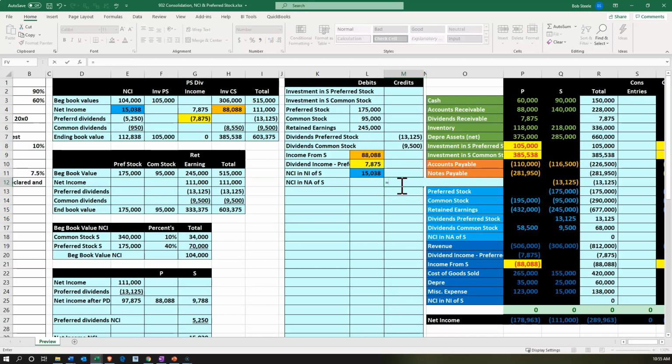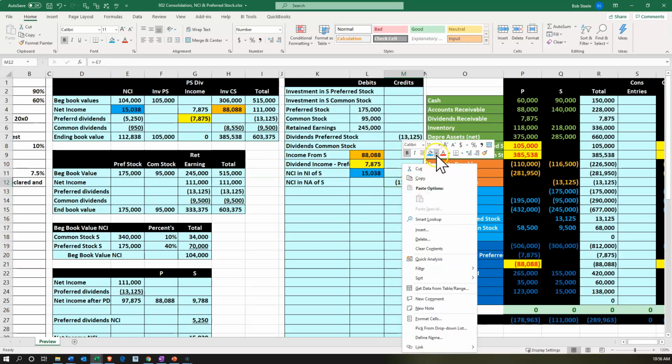Let's do that one more time. Equals the sum of the assets minus the liabilities, close it up, then times the non-controlling interest, or 10%. And it would normally be a negative number or a credit here. But we're going to change that one up. That's going to be adjusted in accordance with our table. So I'm going to be picking that up from the table, and that's going to be this number. So let's go ahead and change that.